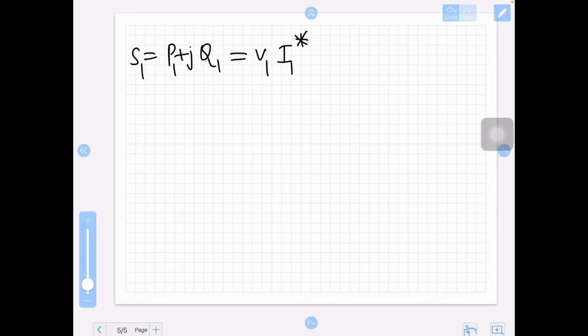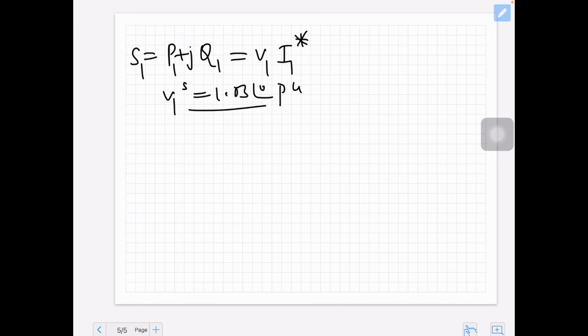This can be calculated with voltage and current. S1 is V1 into I1 conjugate. The V1 value at the slack bus remains the same, 1.03, it is given, but the only thing we have to find is I1.